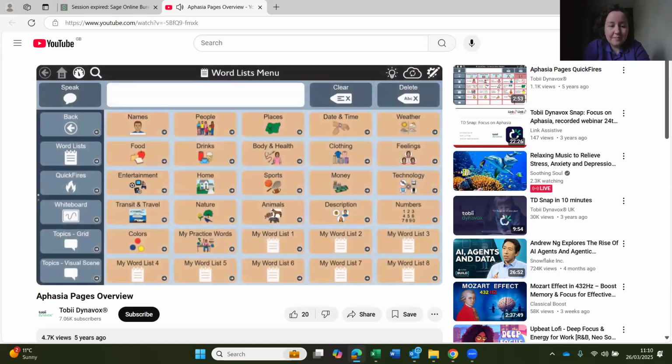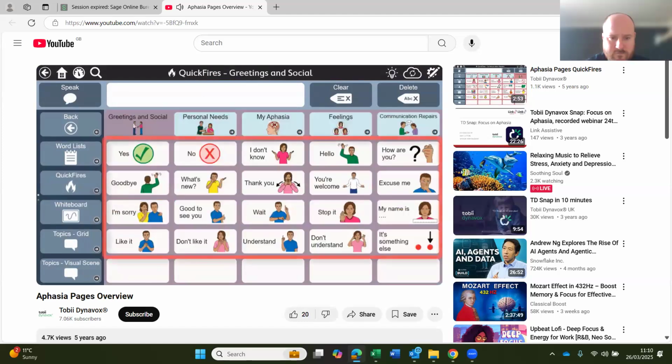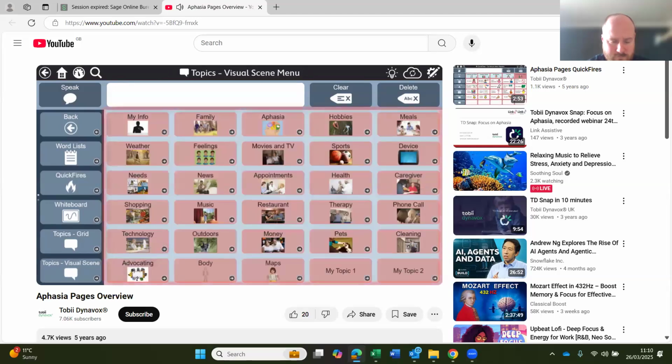In this video, I want to highlight some of the overall features of the aphasia pages. First, this is a support for adults. The symbols and topics were selected with the person with aphasia in mind. Second, this is a user-friendly AAC solution, even if you are less familiar with technology.